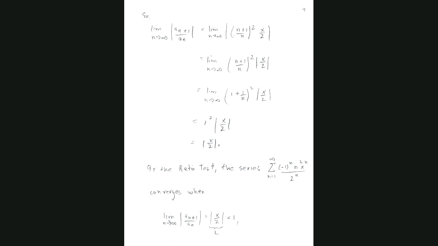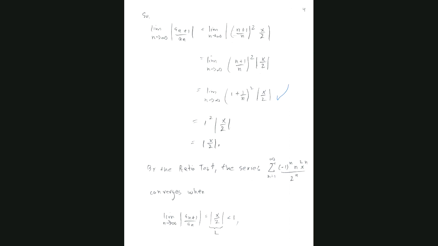And n plus 1 over n is 1 plus 1 over n, quantity squared. So that will approach 1 squared. Now I have this limit here, and then I'll take the limit.